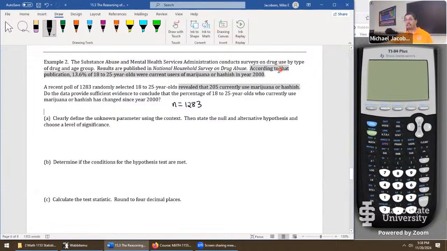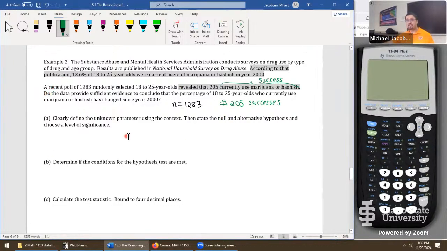The earlier paragraph said that 13.6% of those 18 to 25-year-olds were current users in year 2000, and now in a new sample, we have 205 of them. So let's write out here, there is 205 successes, which essentially is saying that this part, current users of marijuana, is the success in this problem.